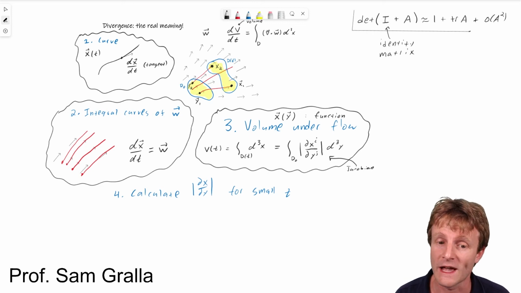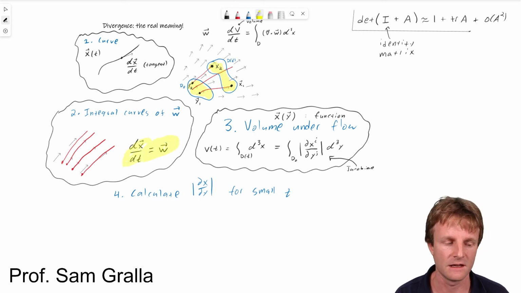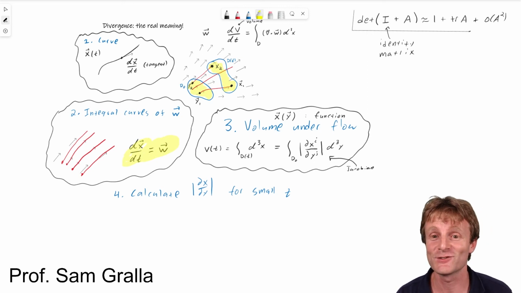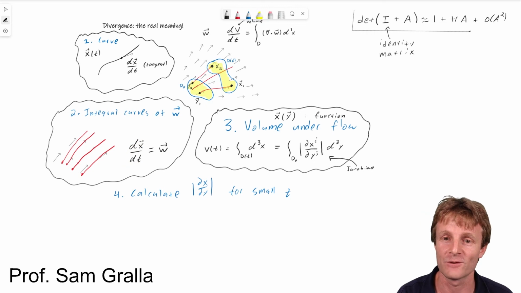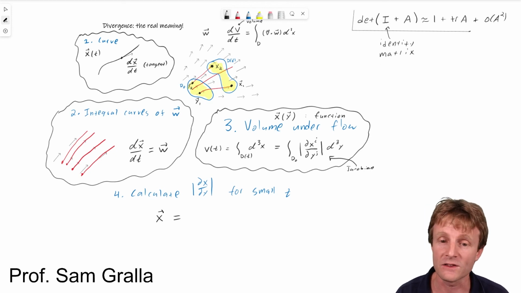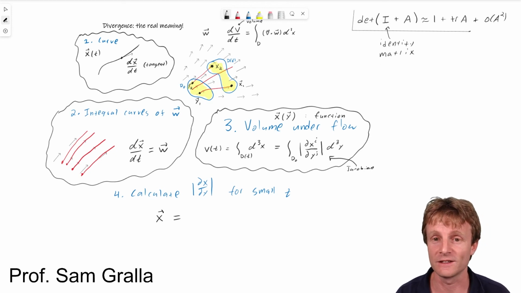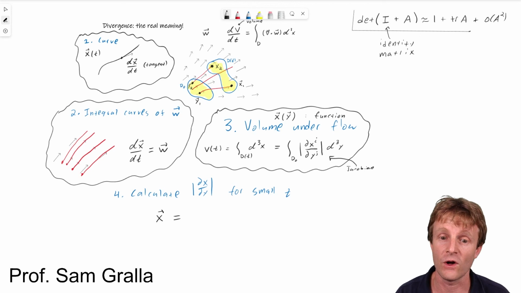Now remember the equation satisfied by x. The equation is over here, dx/dt equals w. Solving that equation in general would be hard, but solving it for small t is easy. It's just the linear approximation from calculus. So we can immediately write down the solution: x is approximately its initial value. If you don't flow very far at all, it's just its starting value, which we called y.